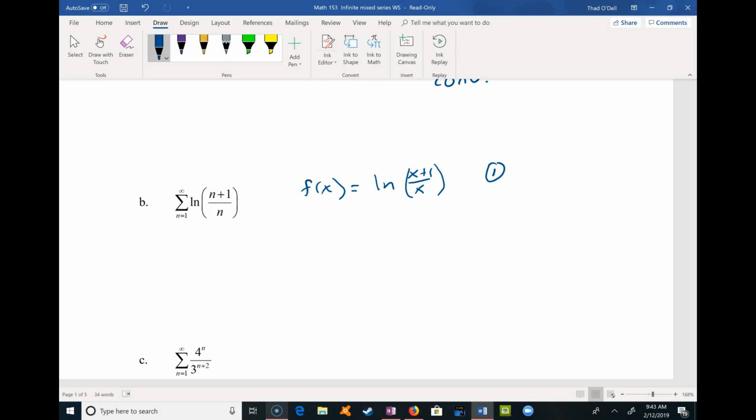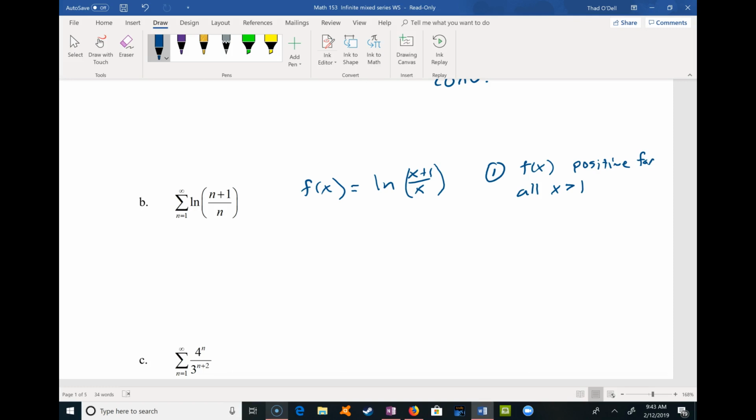And so since the top is always bigger than the bottom, this thing will always be bigger than 1. So f of x is positive for all x greater than 1. And notice it has to be greater than 1. Well, actually, I guess even for 1 it works, because that'd be 2 plus 1, yeah, right.